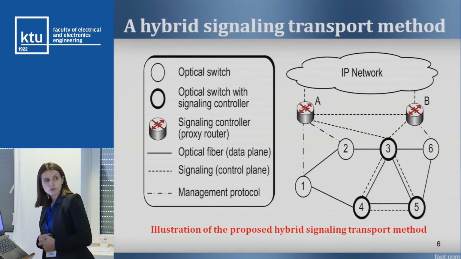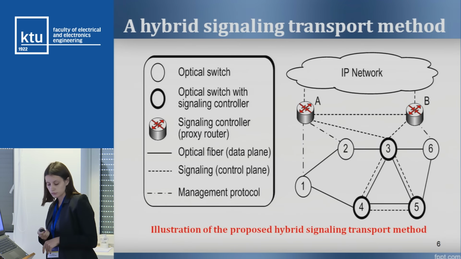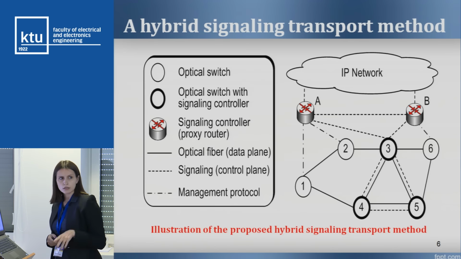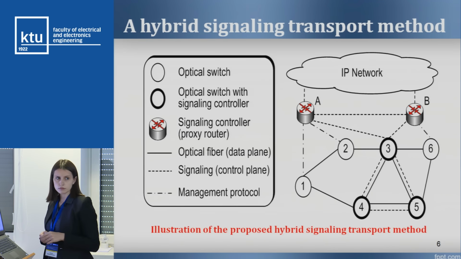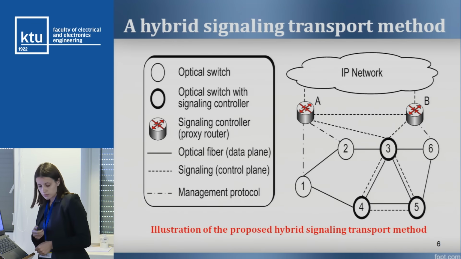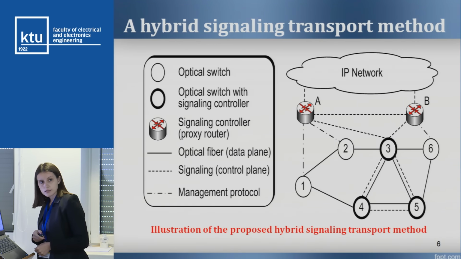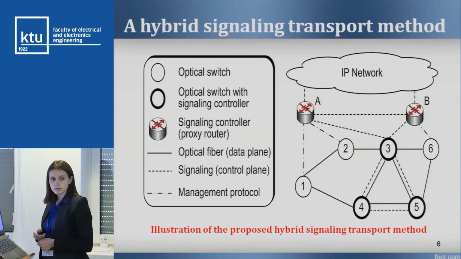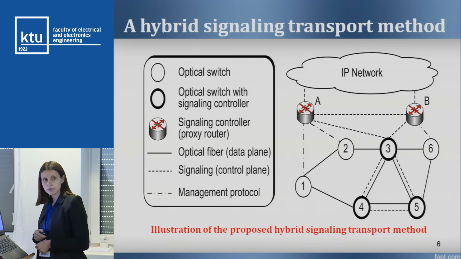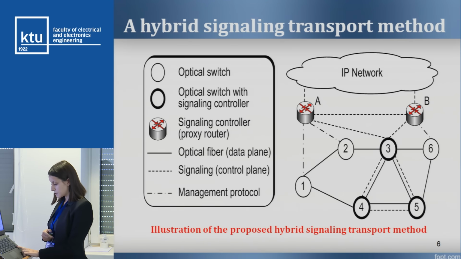This is one illustration of the method. We use a small network with 6 nodes. Here we calculate the average node degree, I think 2.67, and we put signaling controllers in these 3 nodes. Nodes 1, 2 and 6 had a lower degree than the average, so we put proxy routers A and B which manage these 3 nodes.